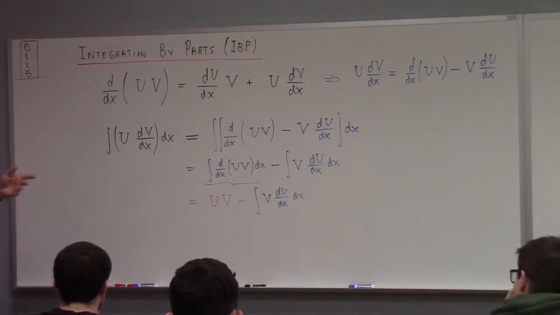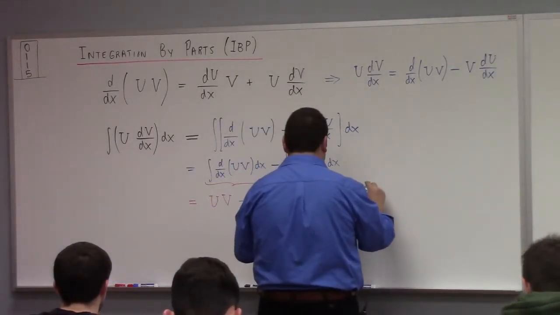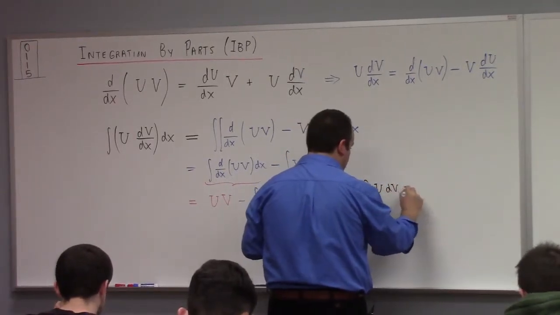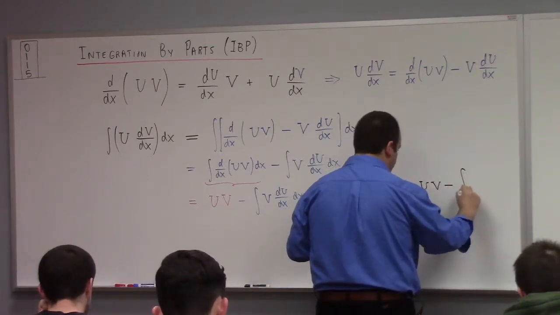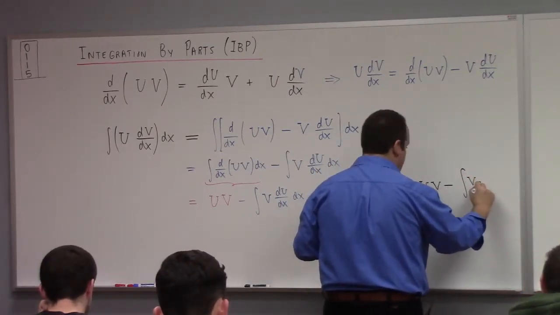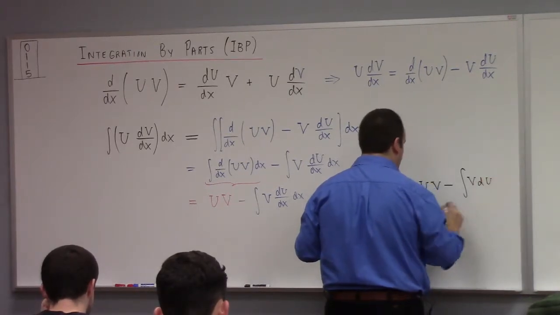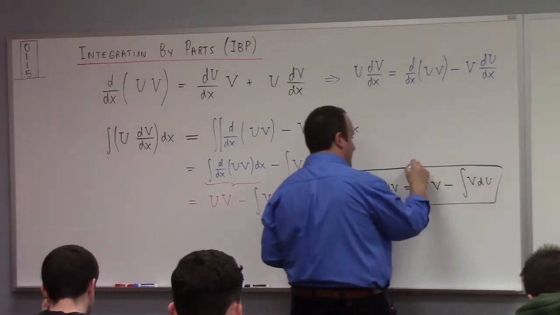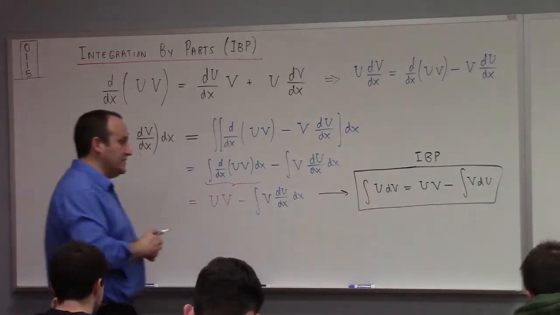Another notation for this would be the following: the integral of u dv is equal to uv minus the integral of v du. All right? Oftentimes this is what's referred to as the integration by parts formula.